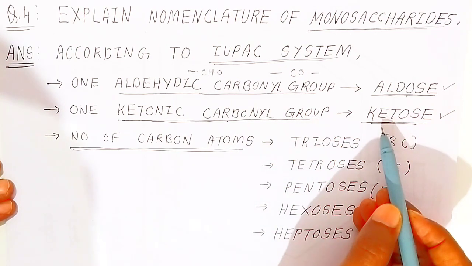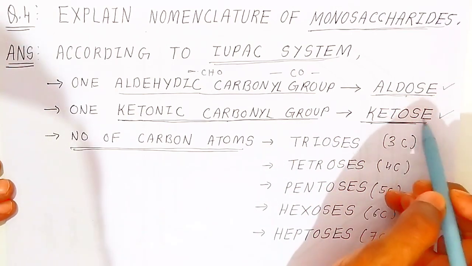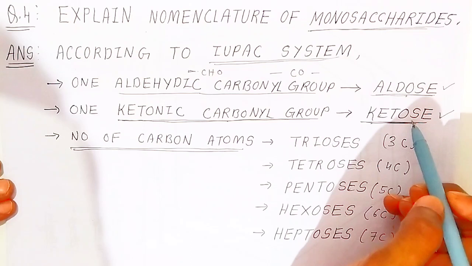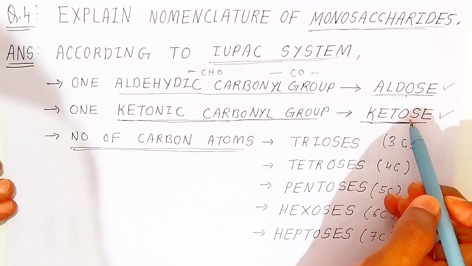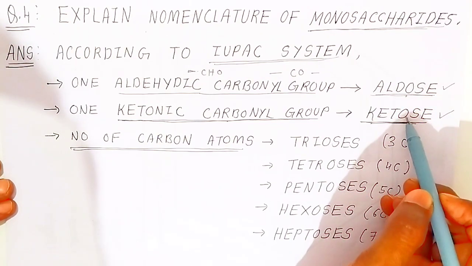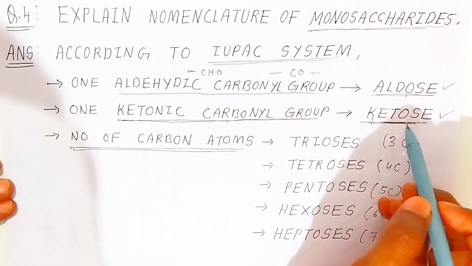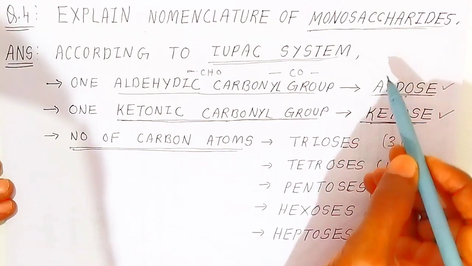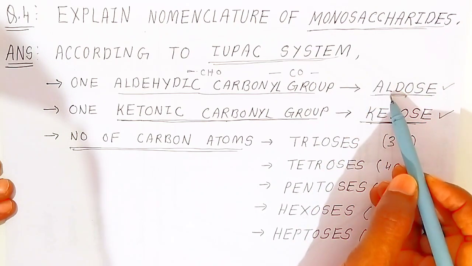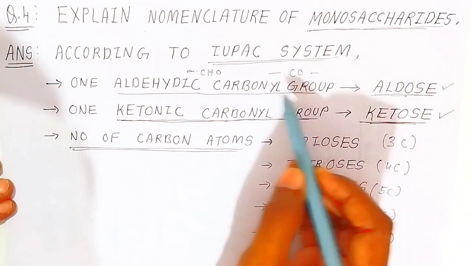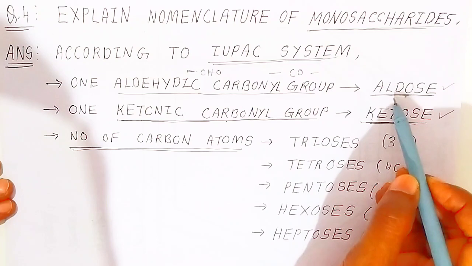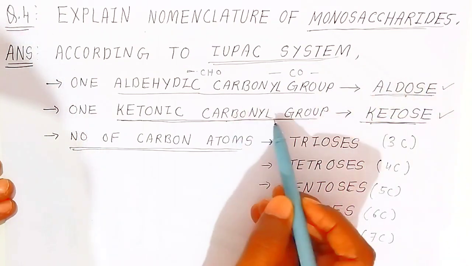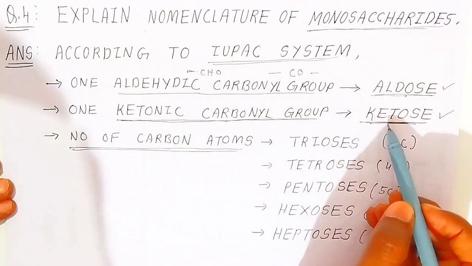The ending OSE shows carbohydrate, that means we are naming a carbohydrate. So if the monosaccharide contains an aldehyde group, we call it aldose. If the carbonyl group is present in ketonic form, we call it ketose.